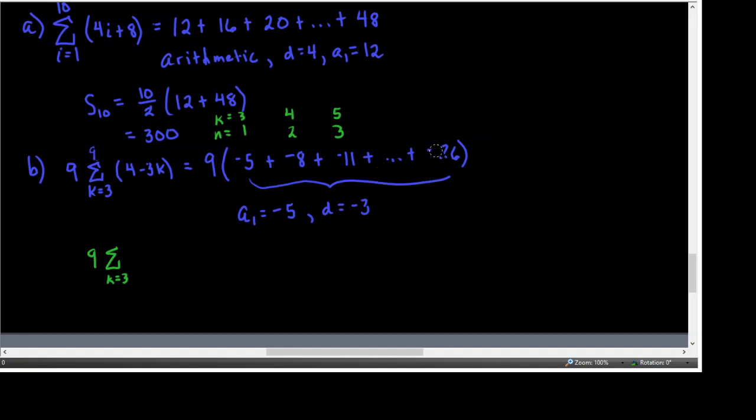It's not supposed to be -26. It should be the answer we get when we put 9 in instead of 10. So 3 times 9 is 27. 4 minus 27 is -23. Let's see if that's right.